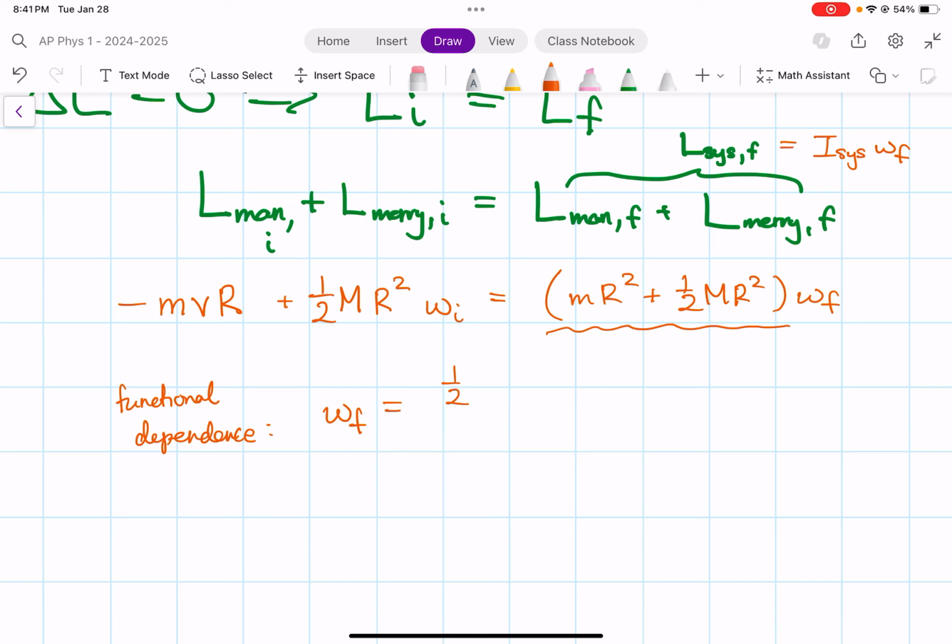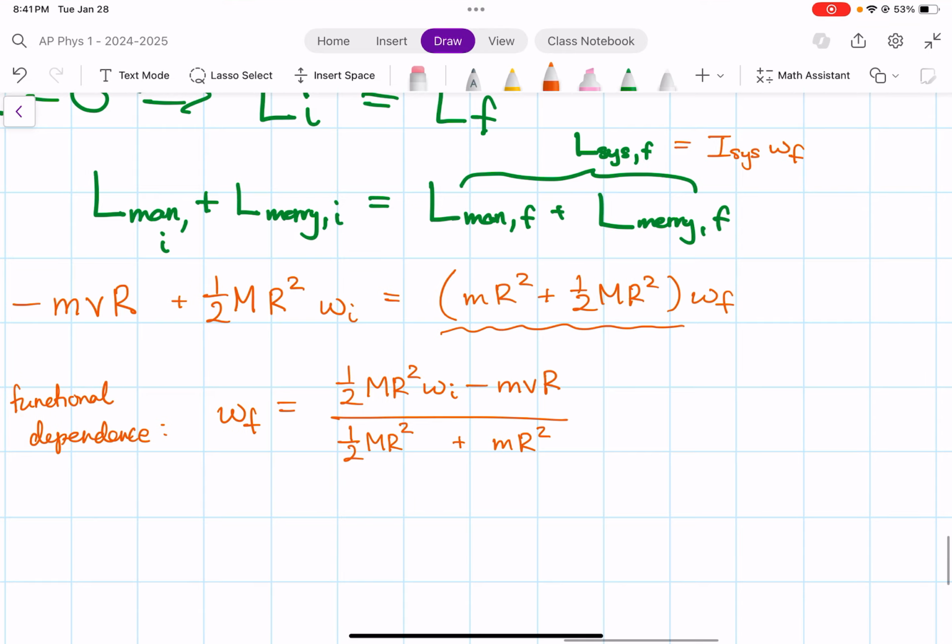We get 1/2 capital M capital R squared omega initial minus MV capital R, divided by, let me put the second term in front here, 1/2 capital M capital R squared plus M R squared. I'm just rearranging the terms because I like this order a little bit better.